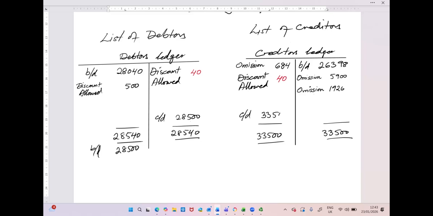Oh, sorry, it is in between lines. It should be 34,224, and the carried down balance is 33,500, and the brought down balance is 33,500.